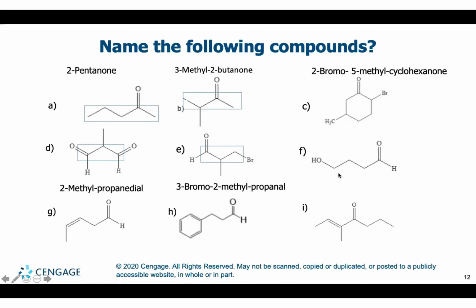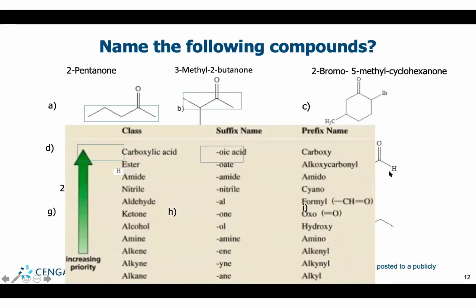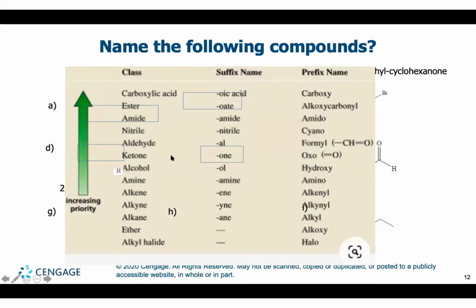This is aldehyde or ketone? This is aldehyde, but there is another functional group here, which is OH. So whenever you have two functional groups, you go back to the table we talked about. In this table, we find the aldehyde, we find alcohol. You see that aldehyde is higher compared to alcohol.